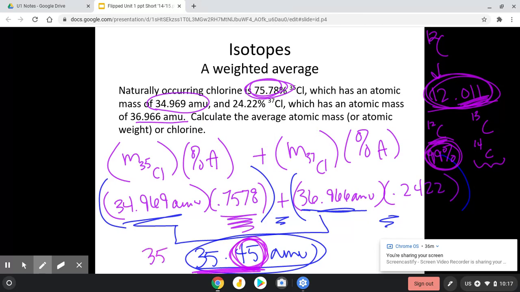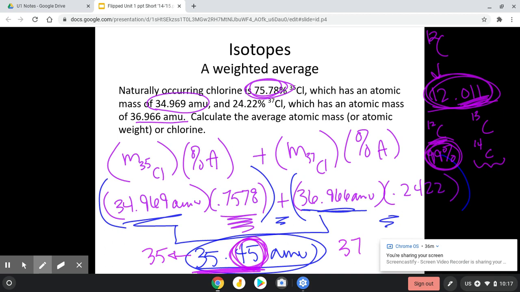Okay, so that is a weighted average. Now, here's the deal. The College Board assumes that this is a chemistry level standard and not an AP chemistry level standard. So it's pretty unlikely you're going to be tested on how to calculate a weighted average, although what I have learned over the years is don't put anything past the College Board because they are wild creatures.